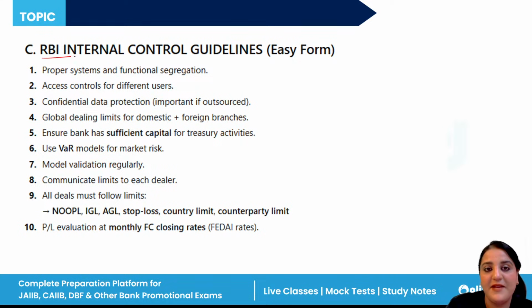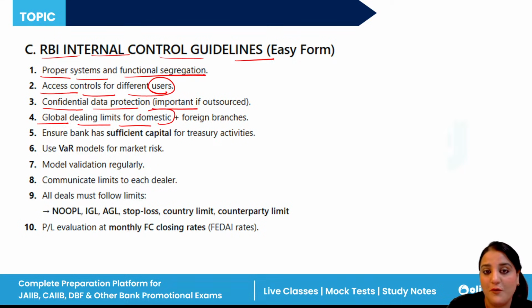So what are the RBI internal control guidelines? There should be a proper system and functional segregation, so everyone knows what they have to do. There is access control for different users, confidential data protection, global dealing limits for domestic and foreign branches, and ensuring the bank has sufficient capital for treasury activities.